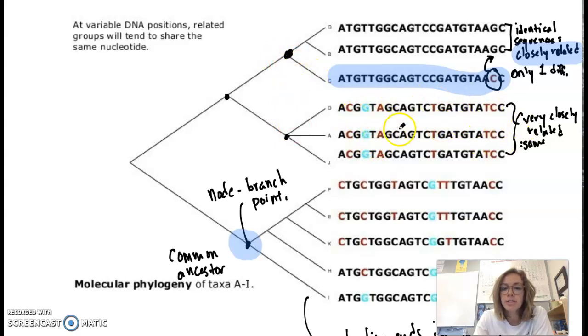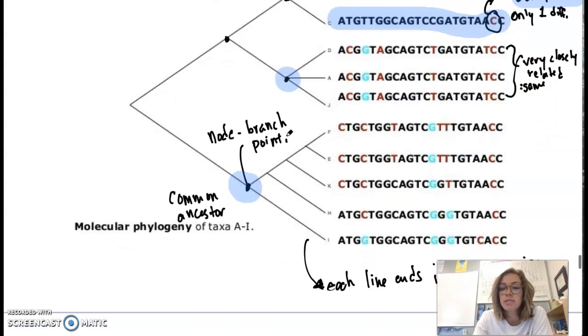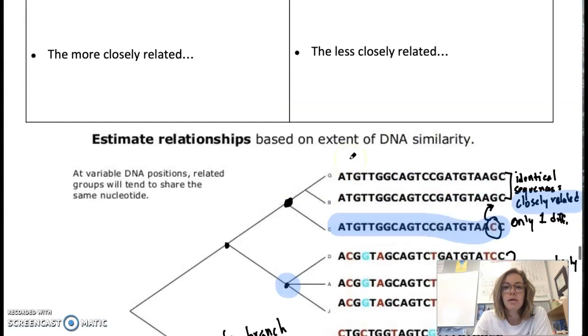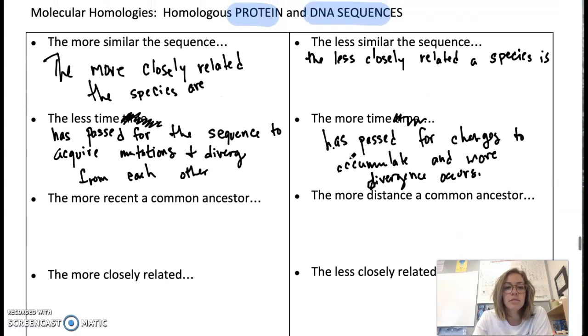And then these are actually the exact same DNA sequence if you look at them, and so they are very closely related. They had less time between their divergence from whatever this common ancestor was. And then kind of same, you can follow the line down here, but really what it comes down to is that the more similar the sequence, the more closely related the species are.